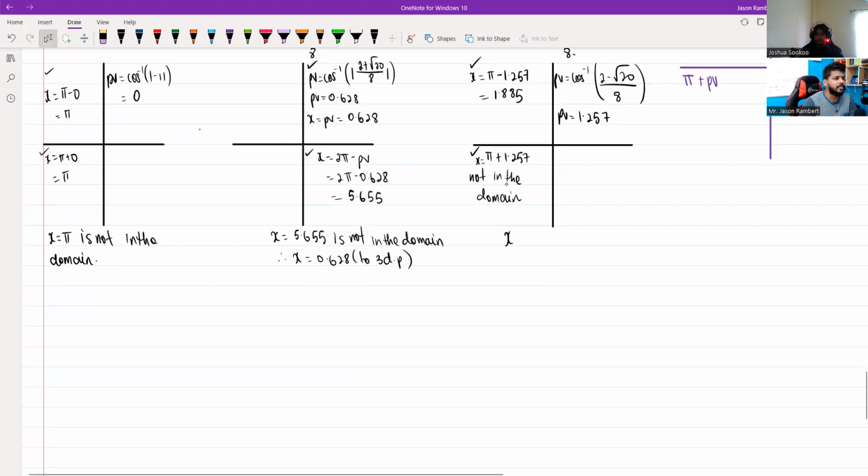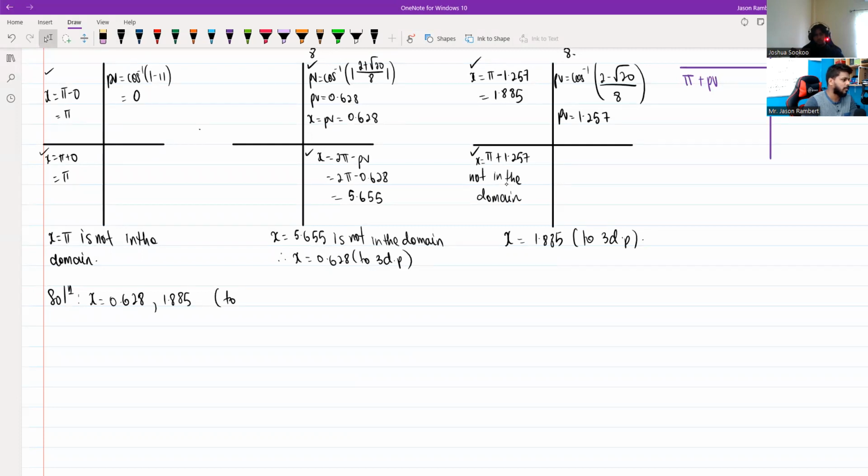So therefore, for this set of solutions, x is equal to 1.885 to 3 decimal places. And generally, my solution: x is equal to 0.628 and 1.885 radians. You don't have to put radians, but I will recommend it. And both of them are to 3 decimal places.